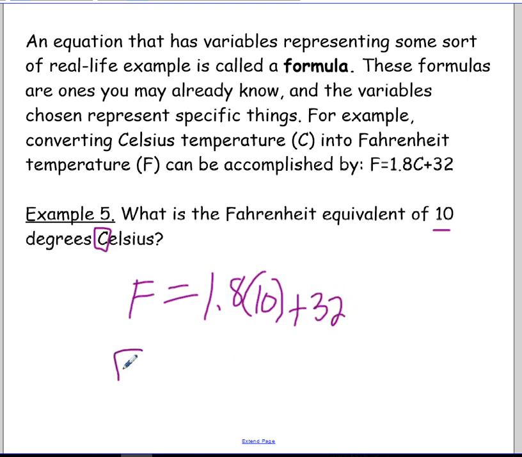We multiply 1.8 times 10 to get 18, plus 32. So 10 degrees Celsius is equal to 50 degrees Fahrenheit. So again, we're just substituting like we have been.